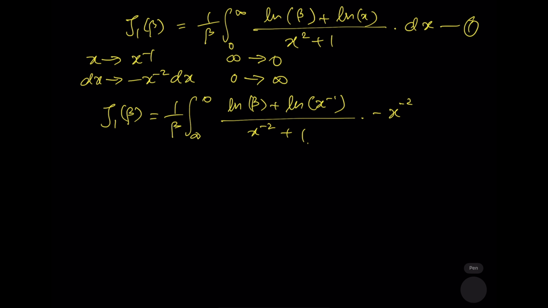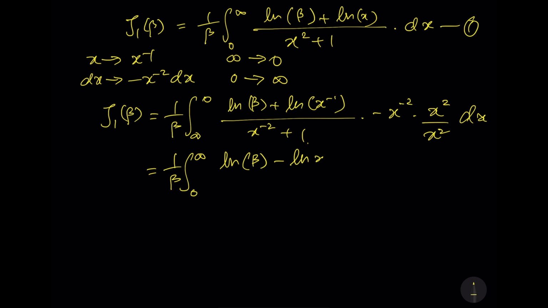We include the new terms, multiplying x power 2 divided by x power 2, which equals 1 over beta integral 0 to infinity. We swap the integration bounds because of cancelling the negative here. The numerator becomes natural log beta minus natural log x, while the denominator becomes 1 plus x power 2. Label this as equation 2.